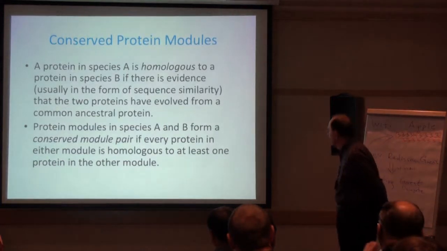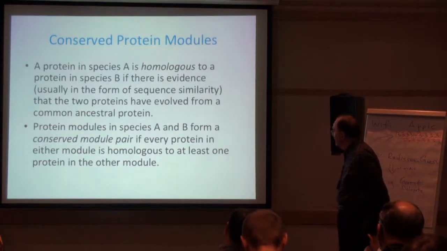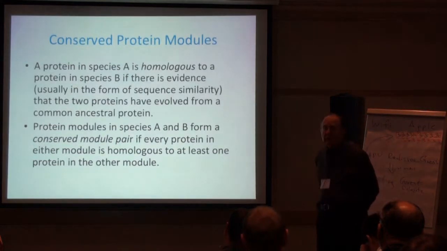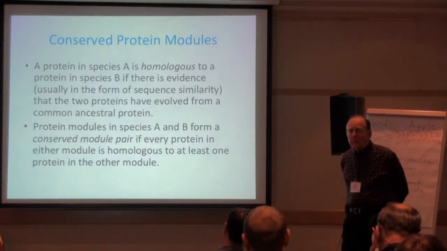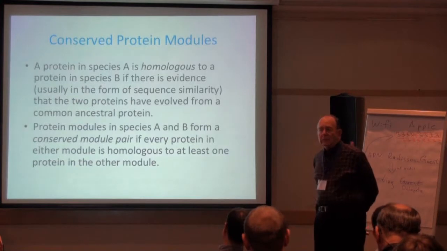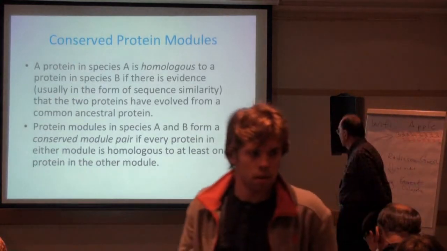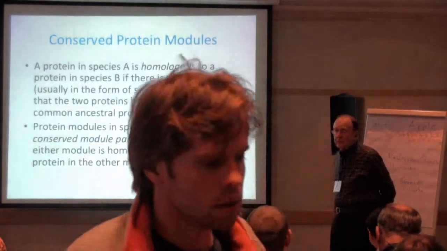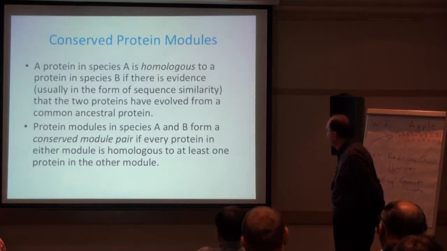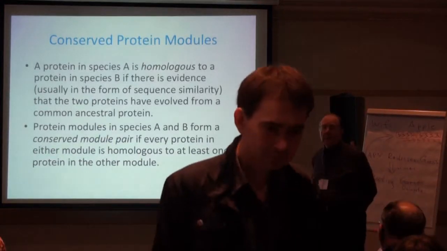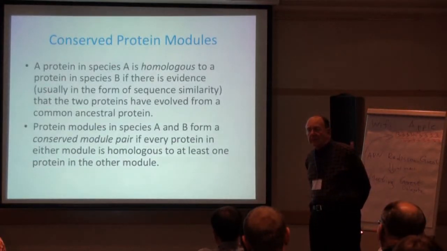And so instead of working just within a given species, say human, we might compare a human with Drosophila and look for conserved protein modules. In other words, a pair of modules, one in the first species and one in the second species, with the property that every protein in one of the modules has a homologue in the other one.